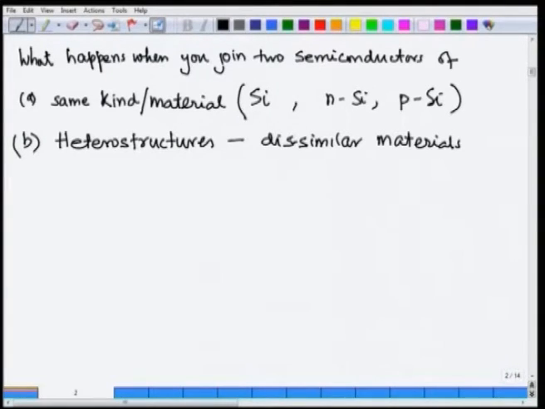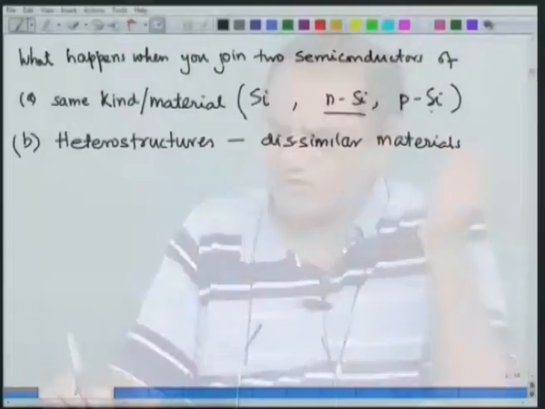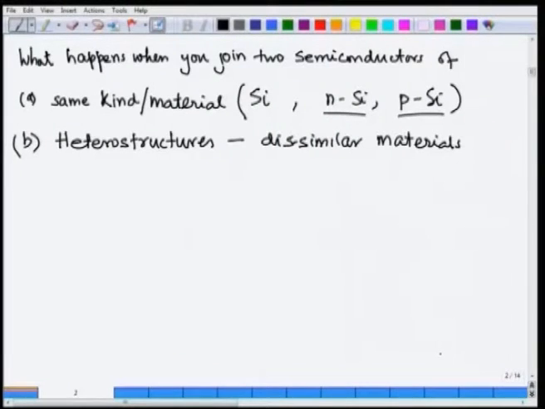N type silicon has phosphorus doping in parts per million, a very small amount. Similarly, P type silicon has boron doping, again parts per million. Otherwise the material remains the same.